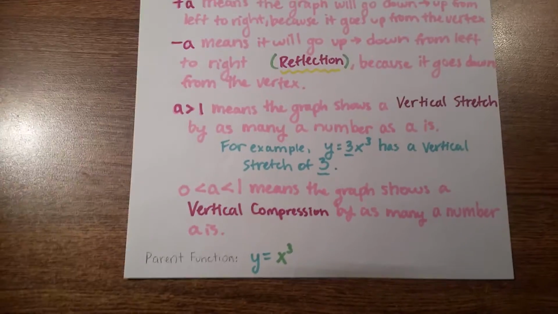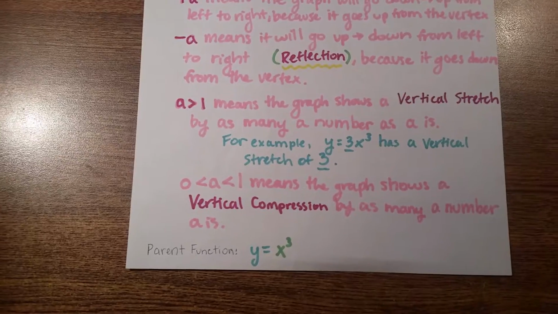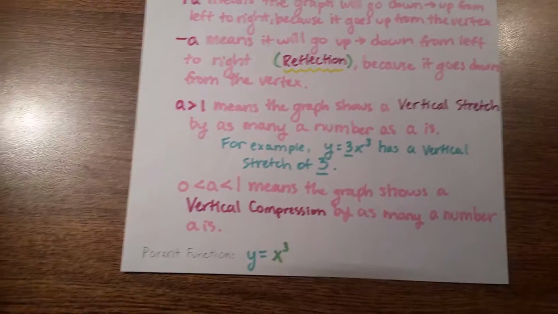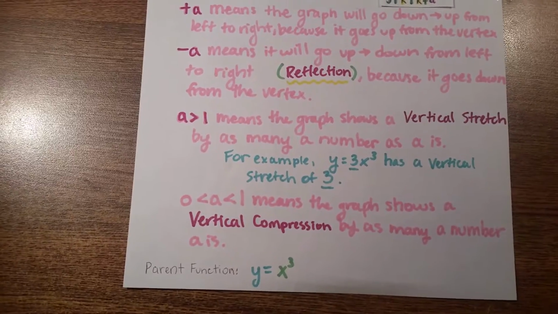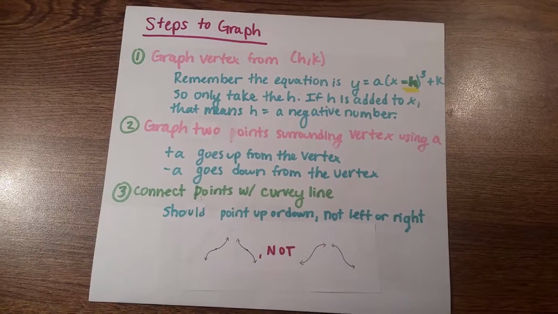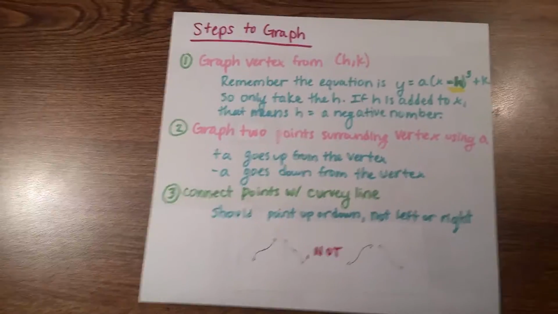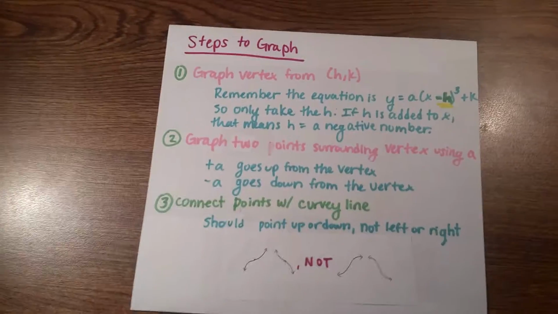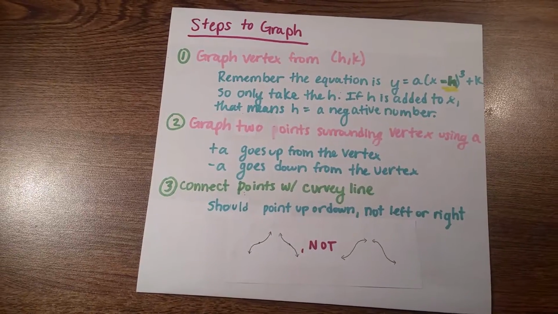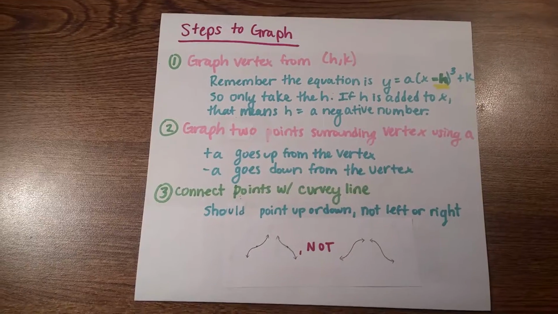The parent function of a cubic function is y equals x cubed, and we will get to that in a moment. Before we can start graphing, we need to know how to graph. So with graphing, the first step is to graph the vertex using h, k.